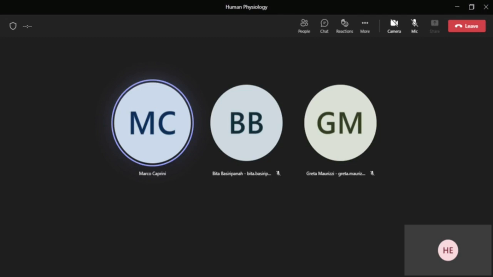Then we classify the muscle by the contraction pattern, and we have the phasic smooth muscles and tonic smooth muscles. We will see right now the type of the contraction. And then by their communication with neighboring cells, because the smooth muscle can work as a single unit or multi-unit smooth muscle.